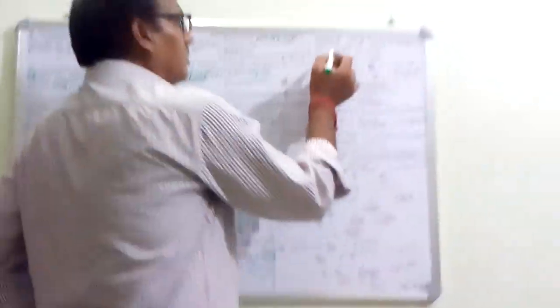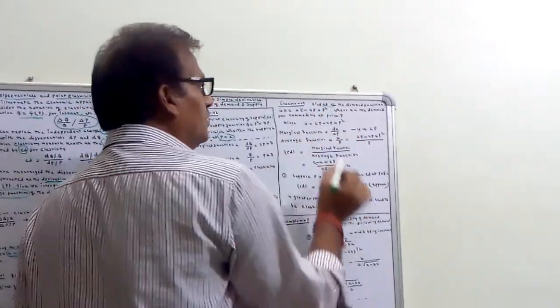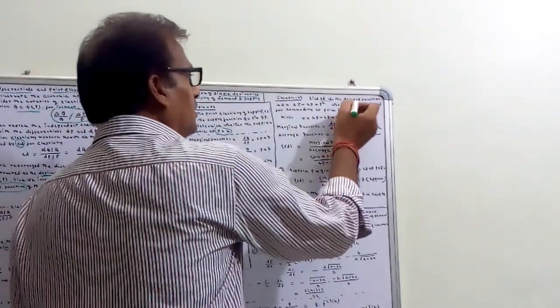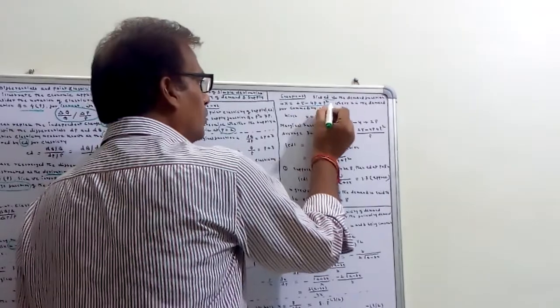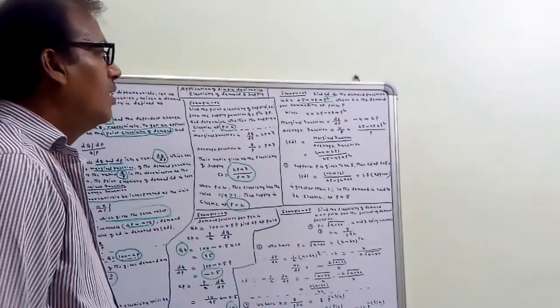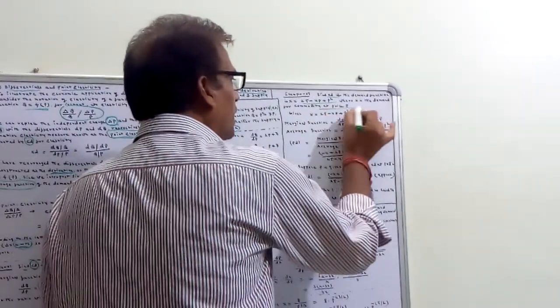Now take for another example. Find ED, elasticity of demand, if the demand function is x equal to 25 minus 4p plus p square, where x is the demand for commodity at price p.